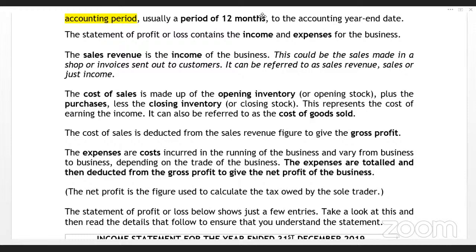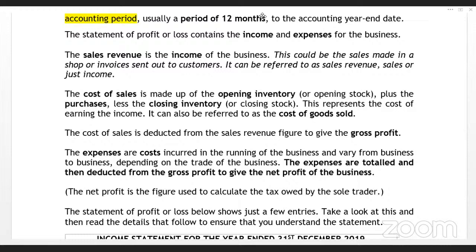You may have rent. Sometimes you find that you're renting, so you have to pay rent. Then apart from rent? Electricity, maybe.